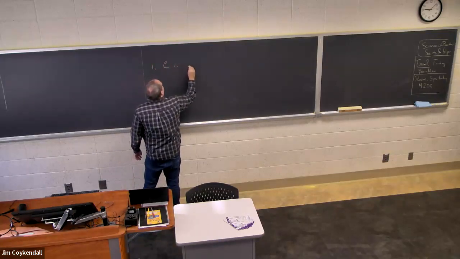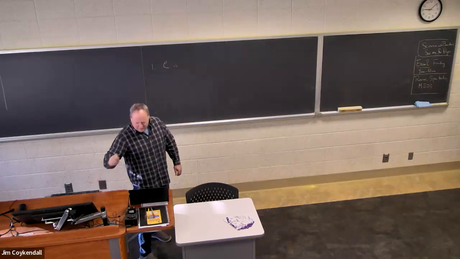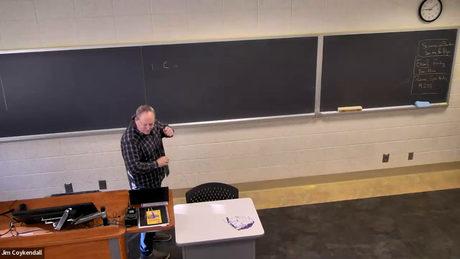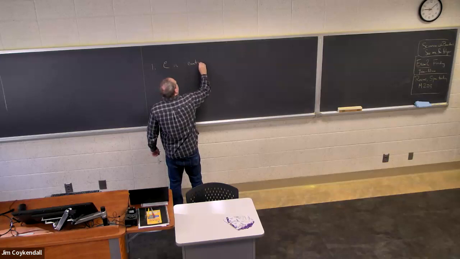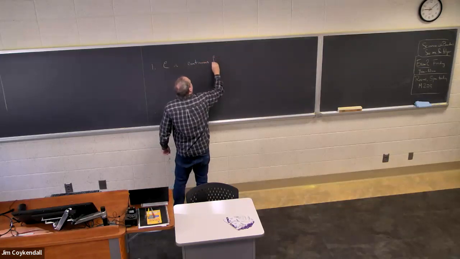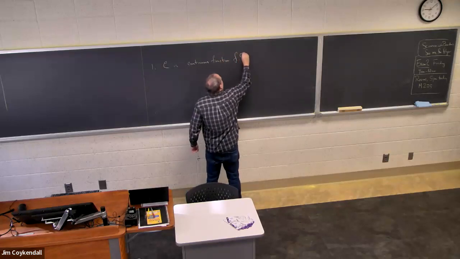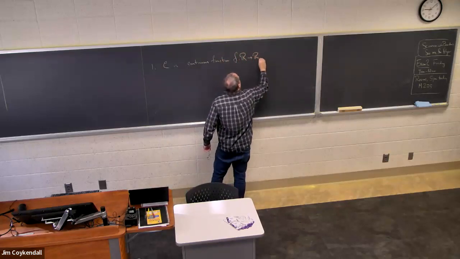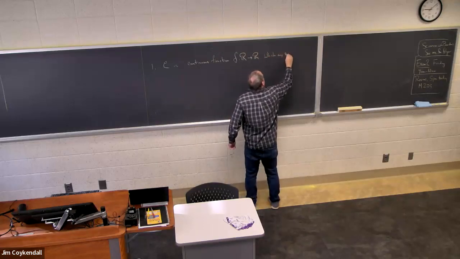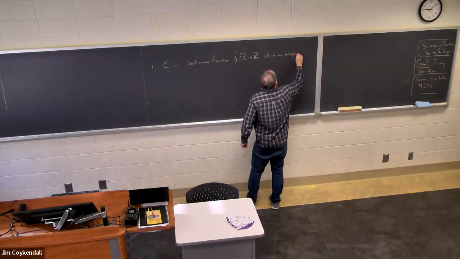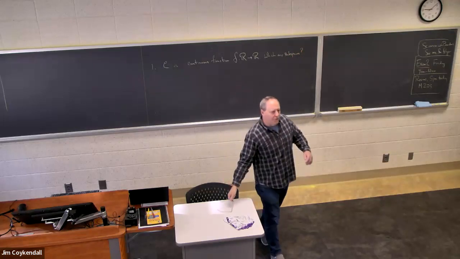C is a collection of all continuous functions from R to R. Which are subspaces? So we're assuming at the outset that continuous functions are a vector space.